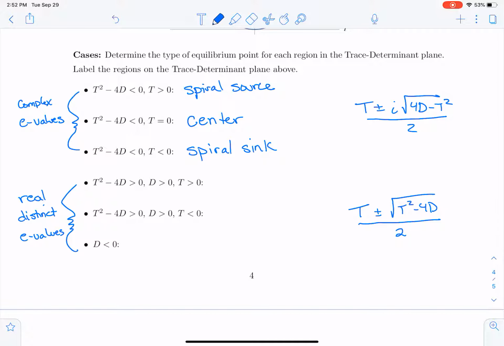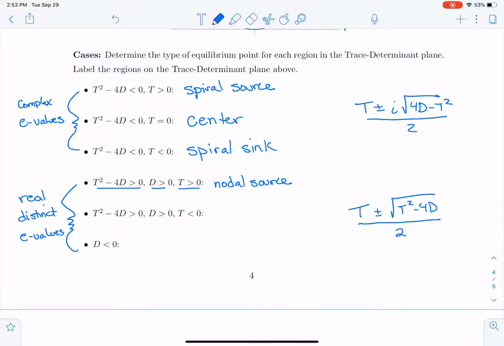And if t squared minus 4d is bigger than 0, and our determinant is bigger than 0, and our trace is bigger than 0, in this case, we're going to have a nodal source, because essentially both of our eigenvalues here are going to be positive.